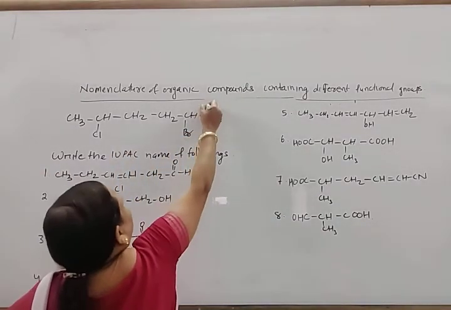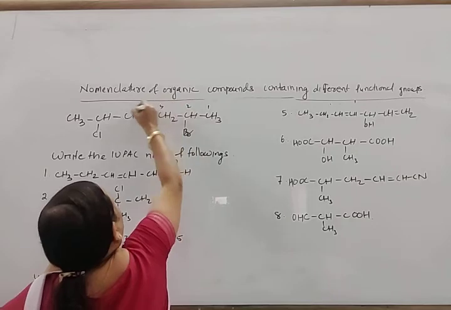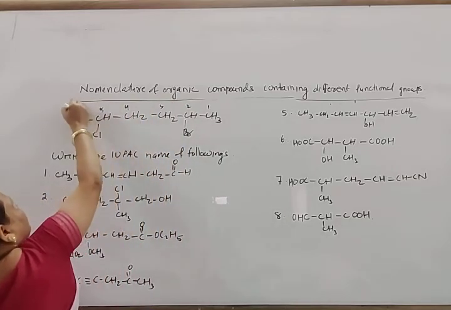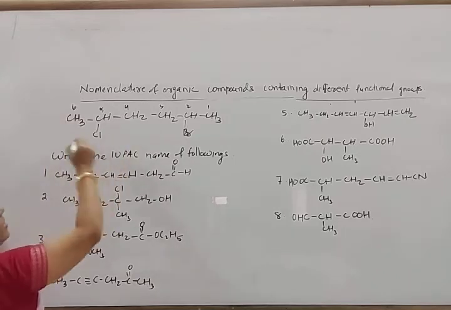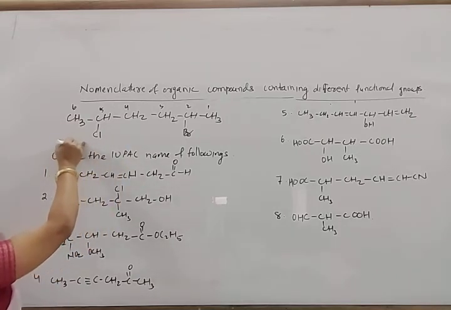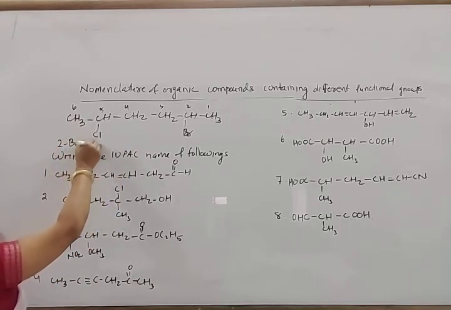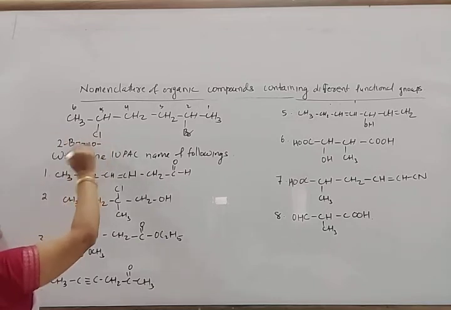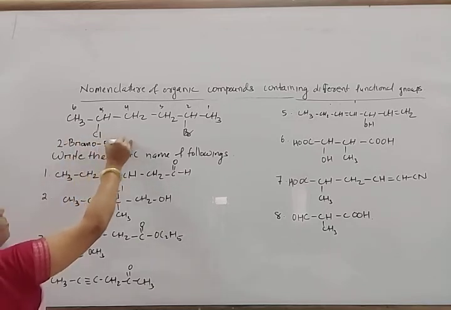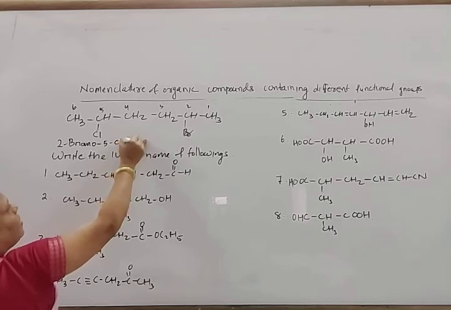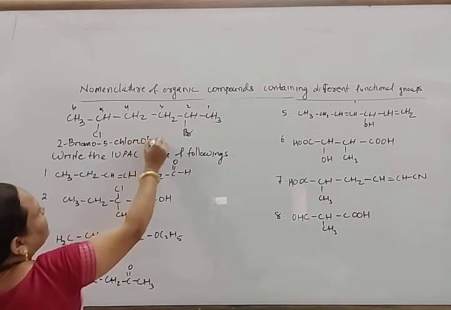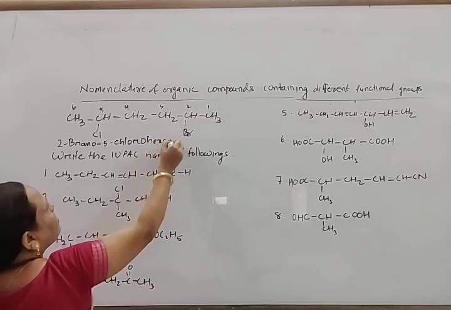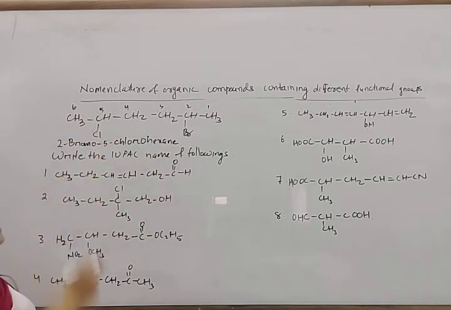So the name of the compound: 1, 2, 3, 4, 5, 6. These are all the substituents. So for the substituents, 2-bromo, then 5-chloro. 2-bromo-5-chlorohexane.